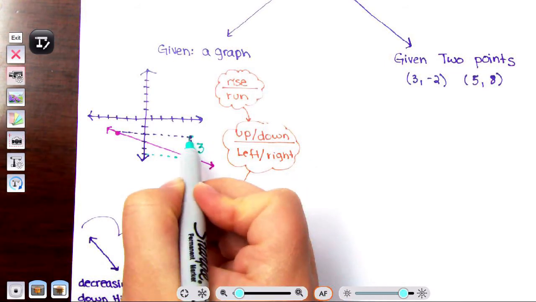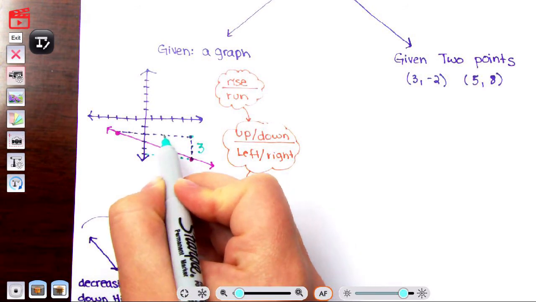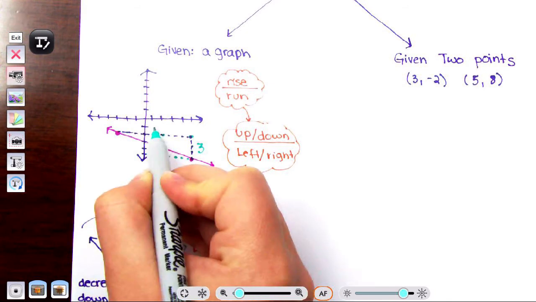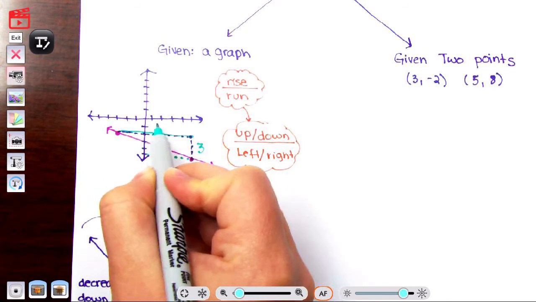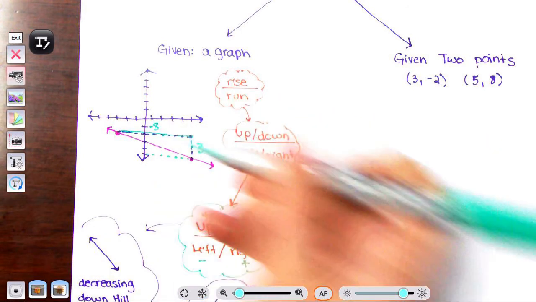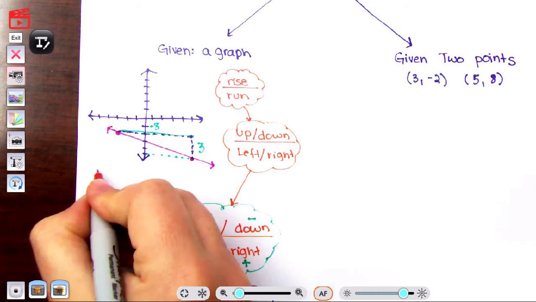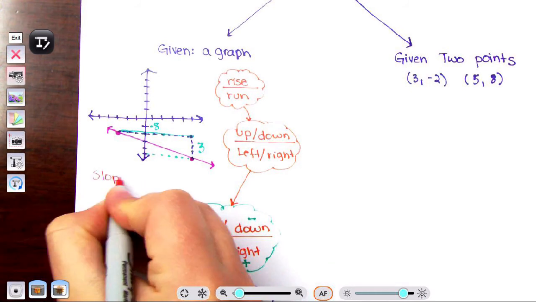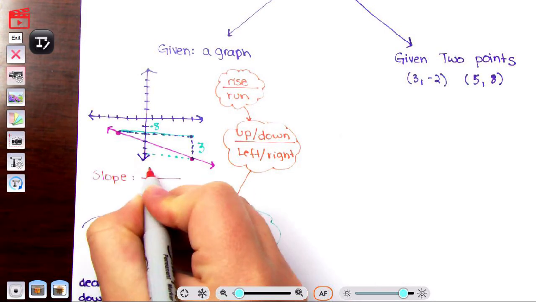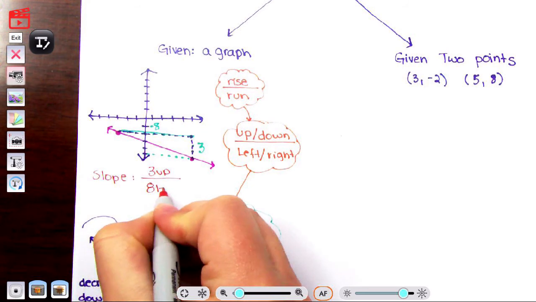And then I'm going to the left, or I'm going to the negatives. 1, 2, 3, 4, 5, 6, 7, 8 jumps. So this right here is 8, but I'm going to the negative side. I'm going to the left. So my slope for this one is I'm going 3 up and 8 left.